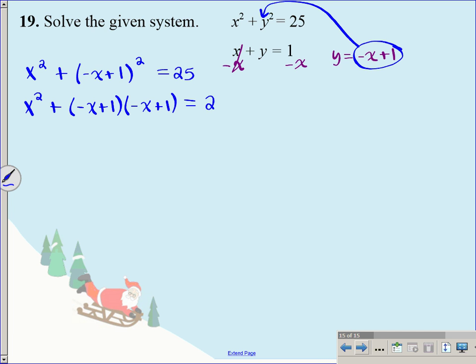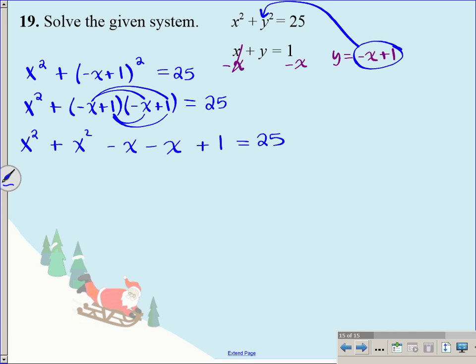And when you multiply a binomial by another binomial, that means you have to FOIL. So we have x squared plus -x times -x is positive x squared. -x times 1 is -x. 1 times -x is -x. 1 times 1 is positive 1 equals 25.